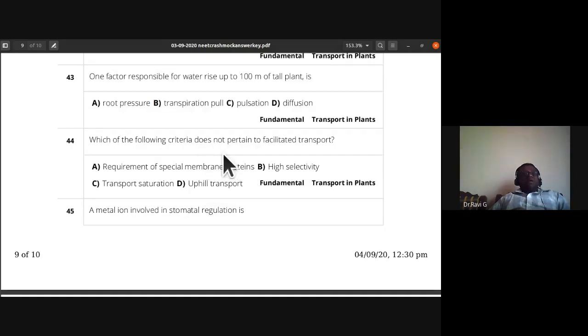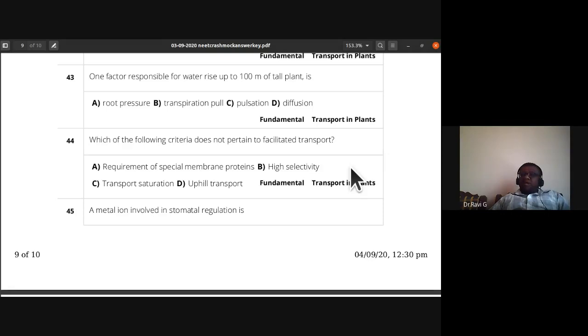Which of the following criteria does not pertain to facilitated transport? Is it requirement of special membrane proteins, high selectivity, transport saturation, or uphill transport? Facilitated diffusion we are talking about. It requires special membrane proteins, that is a correct criterion.